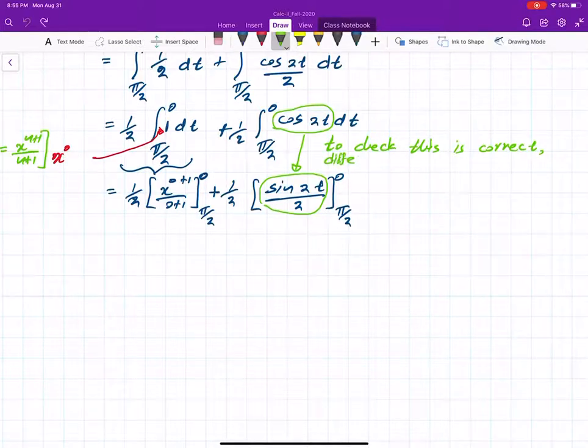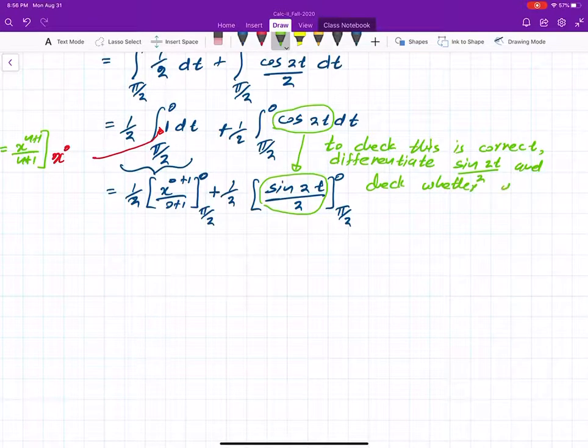Differentiate and check whether you can get it.